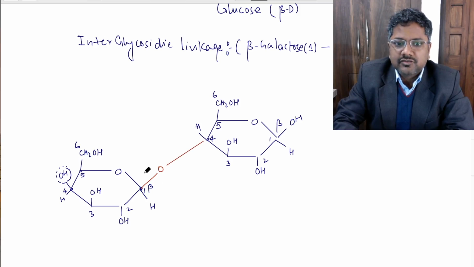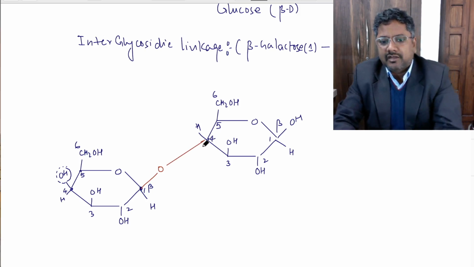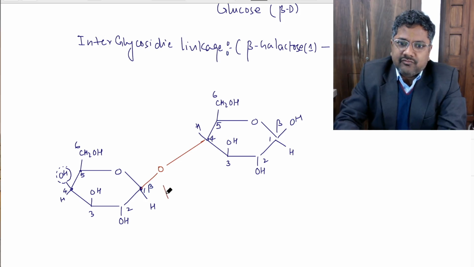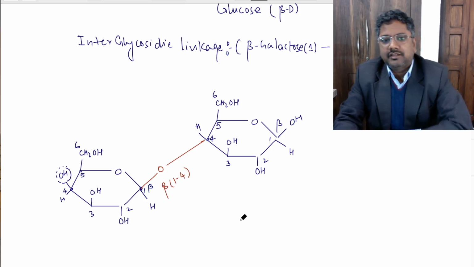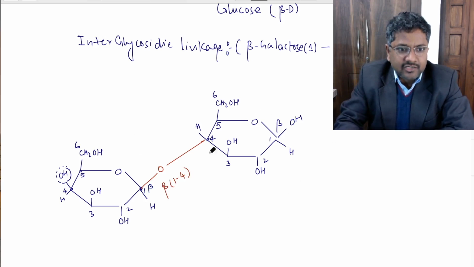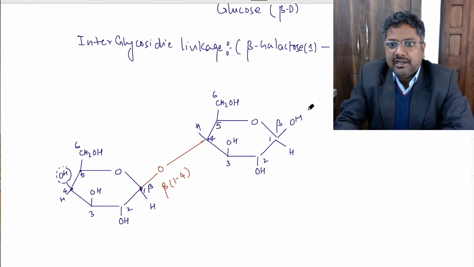So this is beta, and for this there is no alpha or beta, just this is glucose unit. So this is beta 1,4, right? So this is the lactose disaccharide, and anomeric OH is free, so this is reducing.